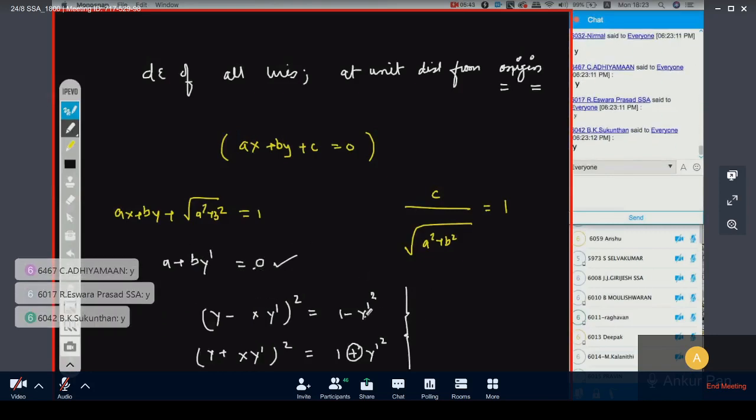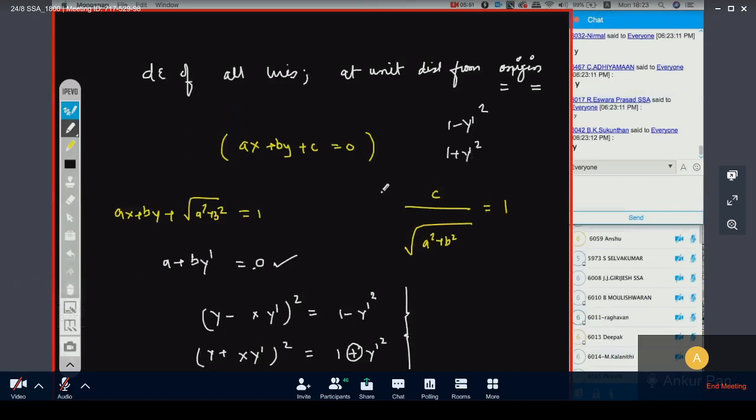Now in all the remaining 4 options also, there is either 1 minus y dash square or 1 plus y dash square. From here, you easily got what 1 minus y dash square is, right or not? 1 minus y dash square is 1 minus a square by b square, or 1 plus a square by b square. Got it or not?